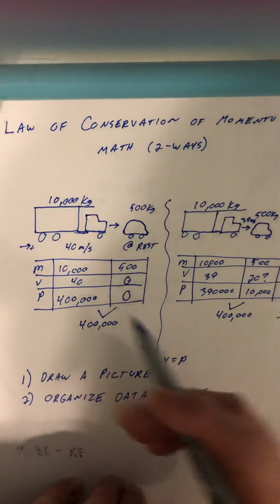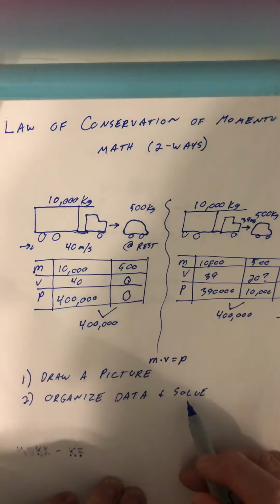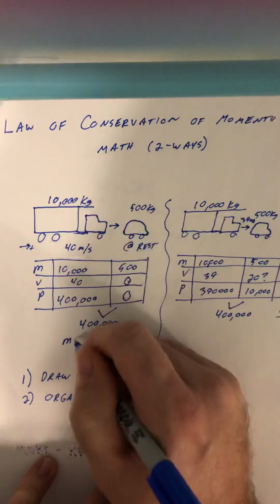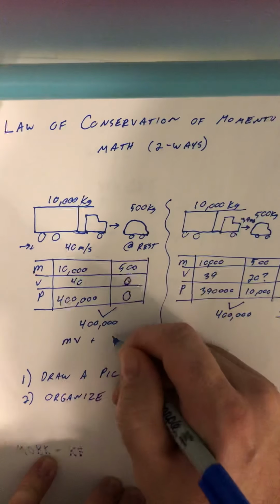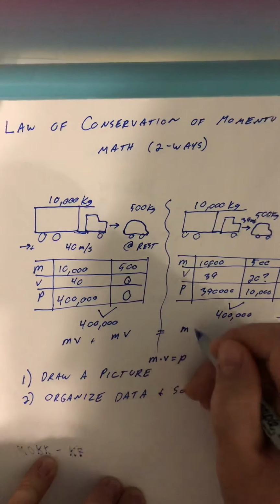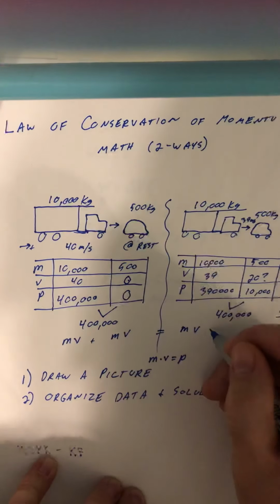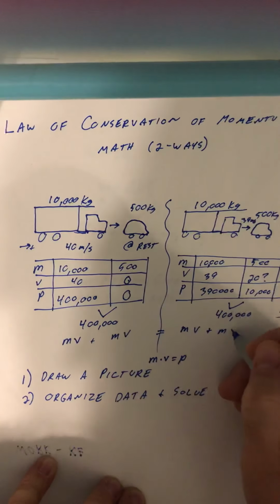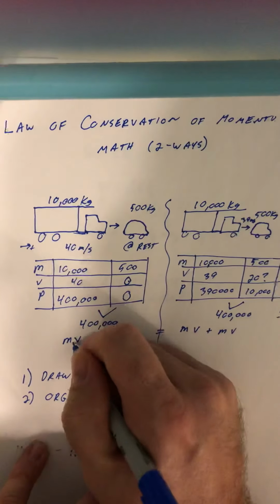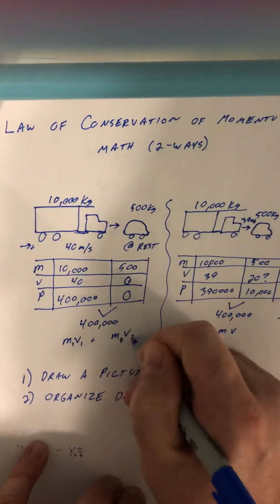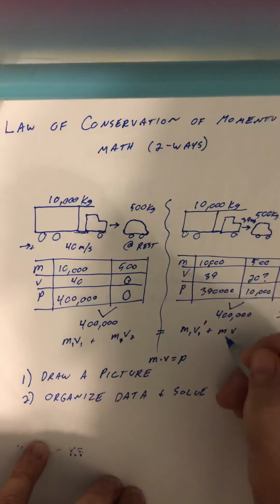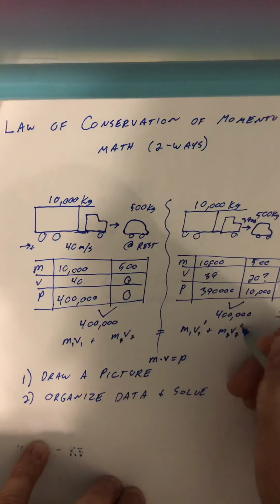Now, let's look at this in another way. If I decided to solve this using algebra, I can just say that the mass of my dump truck times the velocity of my dump truck plus the mass of my smart car times the velocity of my smart car is going to equal mass dump truck, velocity dump truck, plus mass smart car, velocity smart car, after the collision. In a textbook they would normally write M1, V1, M2, V2, and then M1, V1 after the collision, M2, V2 after the collision.